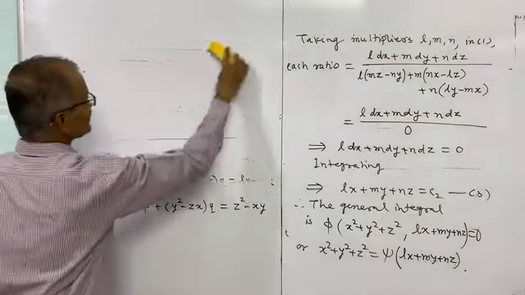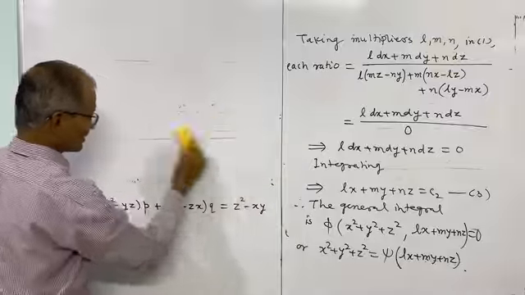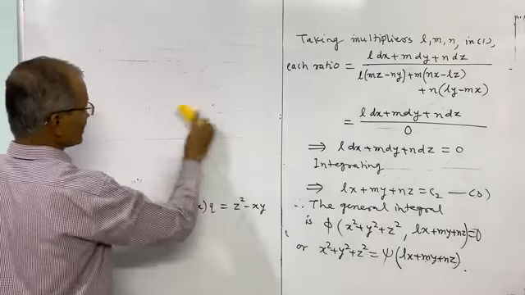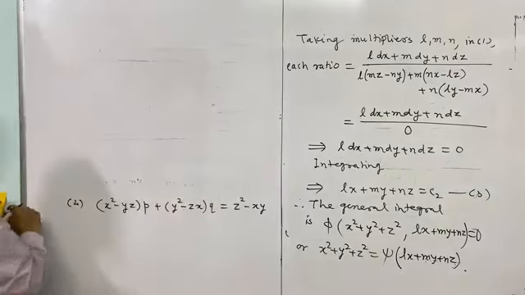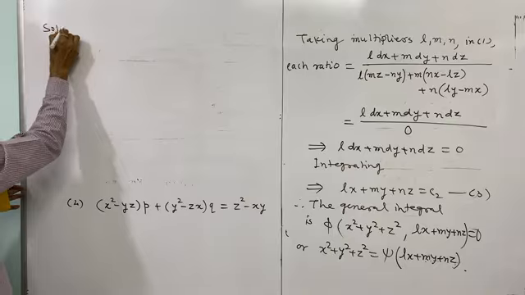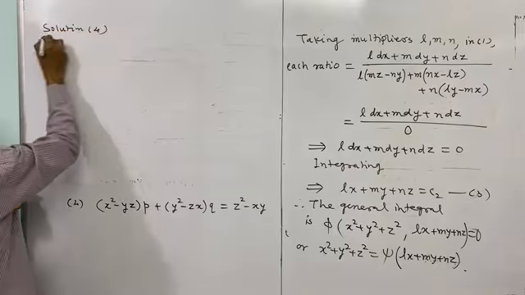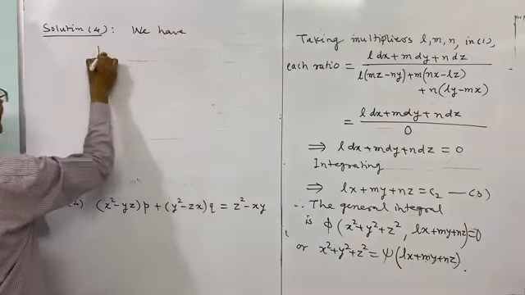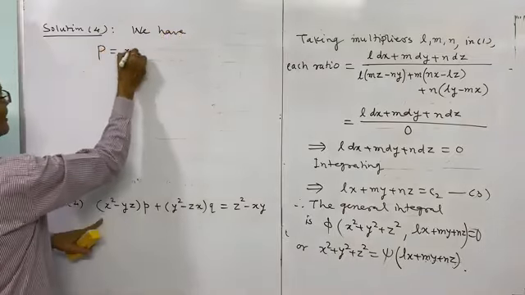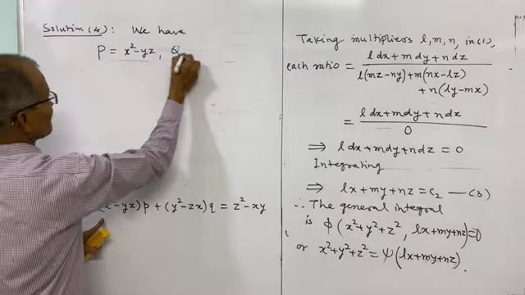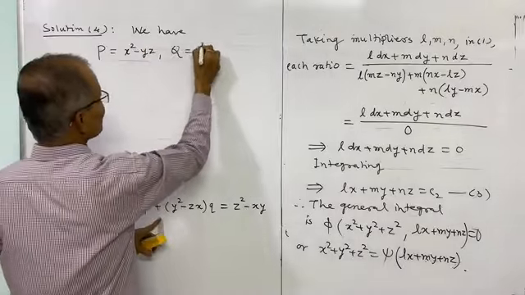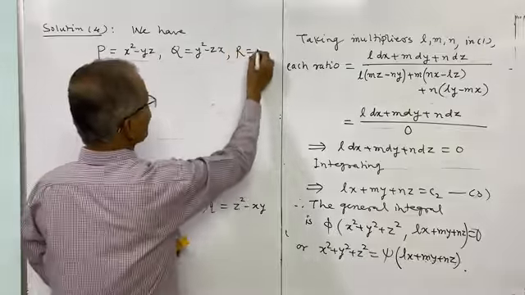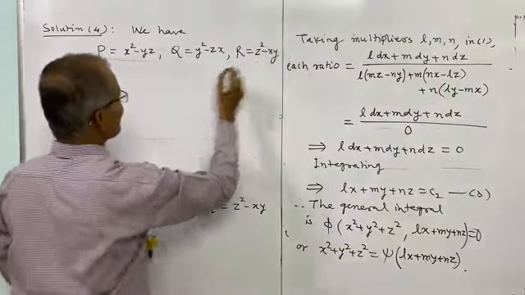So it is our fourth solution for the fourth example. Again, comparing this with Lagrange's equations, we get for 4: P is x square minus yz, Q is y square minus zx, and R is z square minus xy.